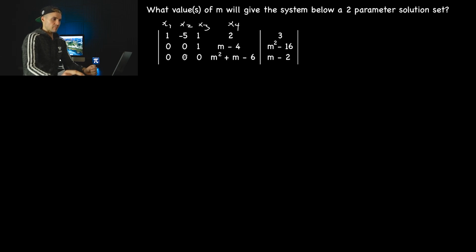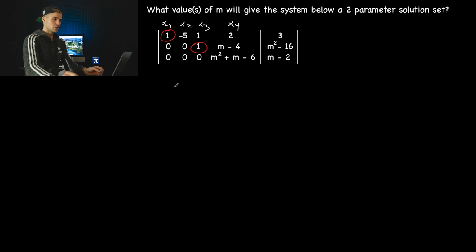So they want a two-parameter solution set, meaning that two of these four variables have to end up being free variables. Well, notice that we already have pivot points for x1 right here, so we know that x1 can't be a free variable. And we also have a pivot point here for x3, so we know x3 can't be a free variable.